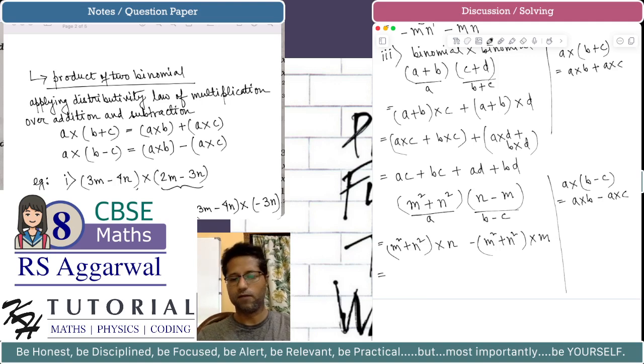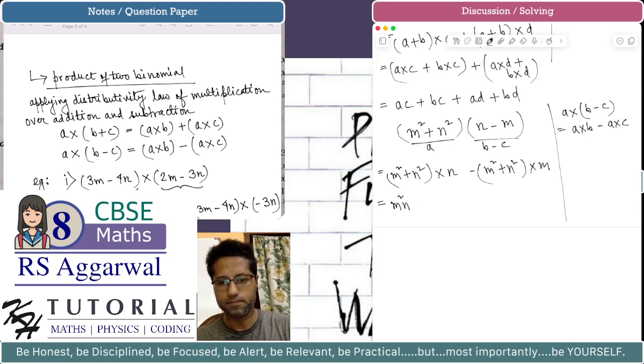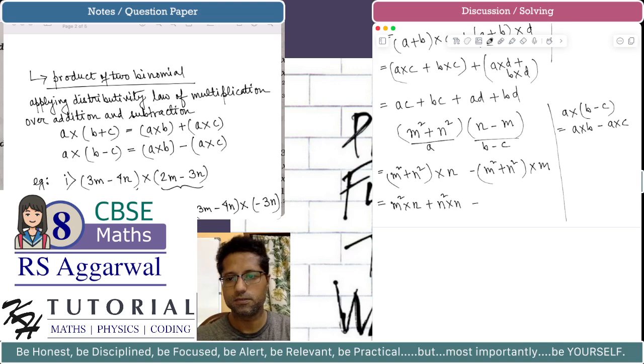Now again we will have to apply the concept of finding the product of a monomial and a binomial that we already discussed. So this will be m square into n plus n square into n minus m square into m plus n square into m.